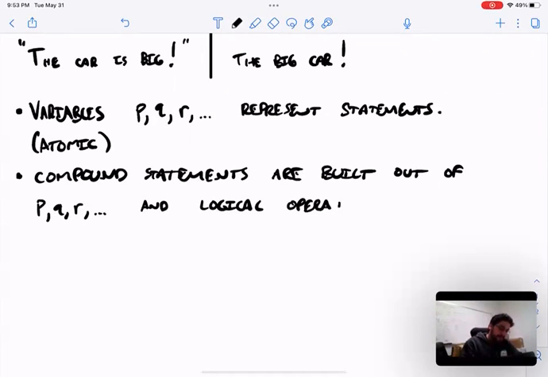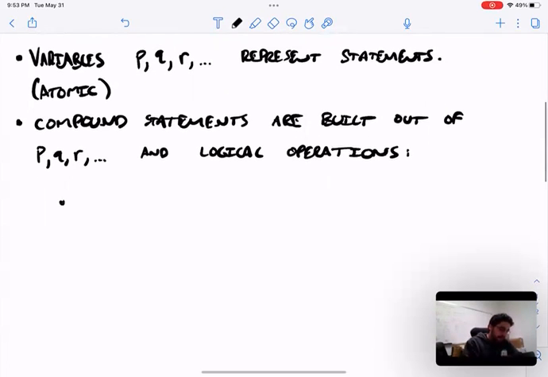And what are the logical operations? So we have an operation called not. It's written with a tilde, or sometimes it's written with a long horizontal line and then a short vertical. These are not, or sometimes people call it negation.